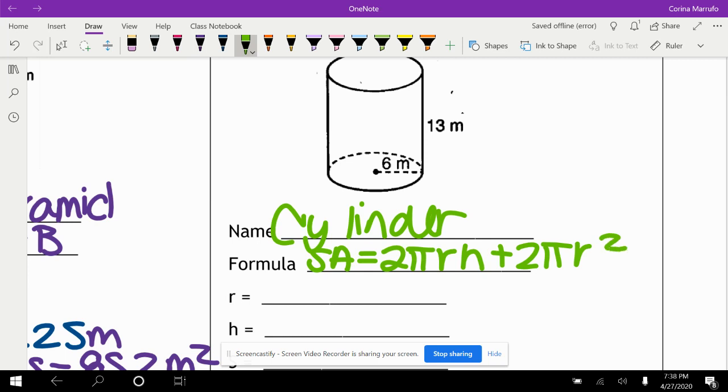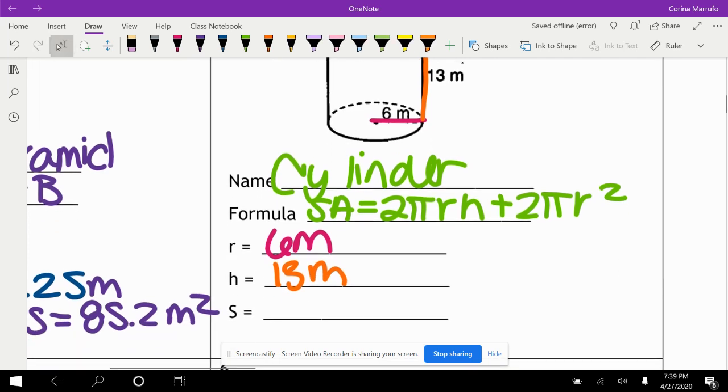So our r stands for radius. So the radius of my circle there is 6 meters. H stands for height. So my height of my cylinder is 13 meters. And then go ahead and plug this into our surface area formula.